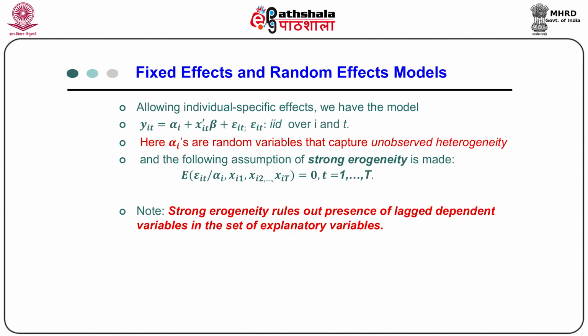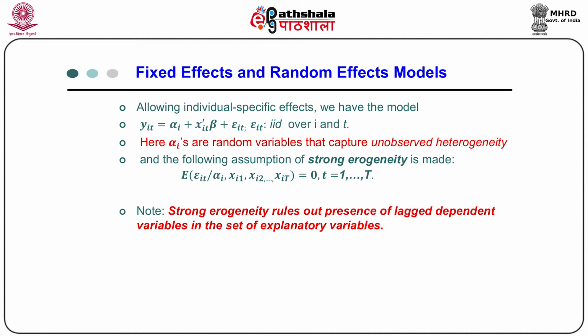So, let us distinguish between the fixed effect and random effect model. Now, allowing for individual specific effect, we have the model yit equal to alpha plus xit prime beta plus epsilon it. Epsilon it are independently and identically distributed over i and t. Here alpha is a random variable that captures the unobserved heterogeneity, and the following assumption of strong exogeneity is made: expectation of epsilon it given alpha i and xit equal to 0.